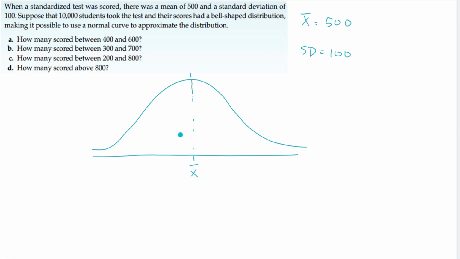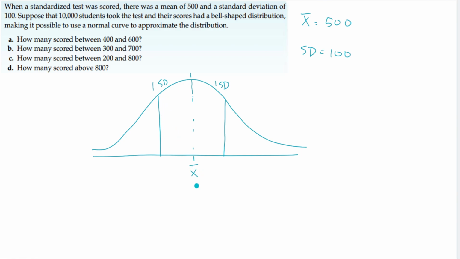This is the mean, and we know this is one standard deviation, and it's symmetrical. So let's put one standard deviation, which means from the mean, you can add one standard deviation and find the value there, and you can subtract one standard deviation and find the value there.